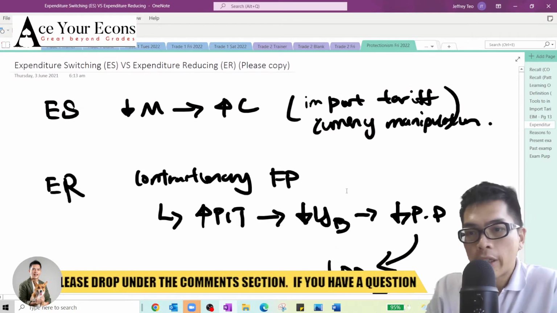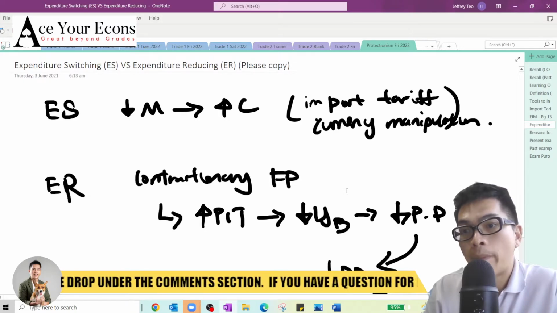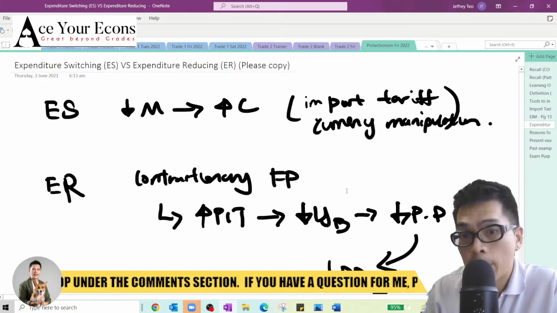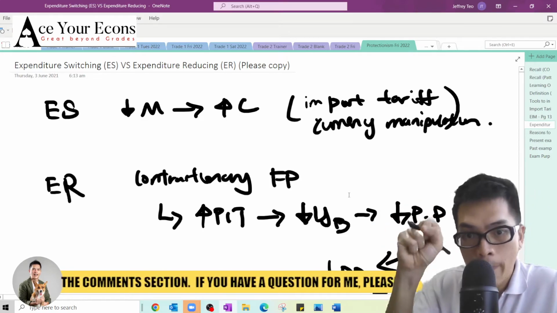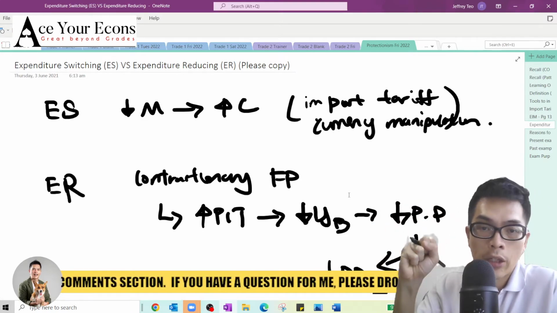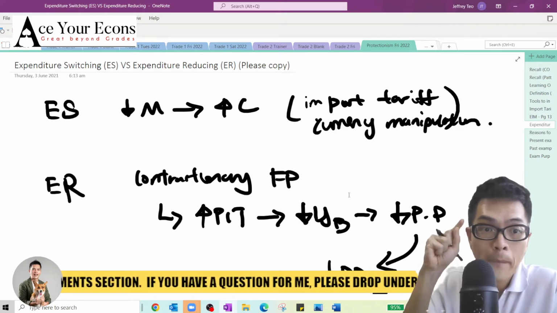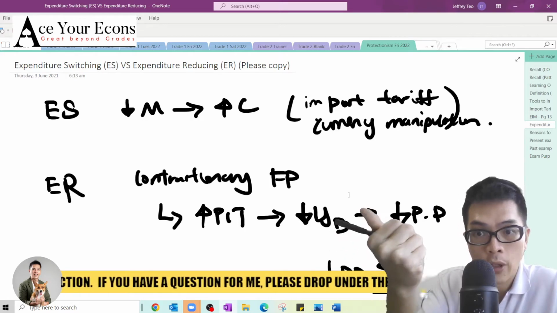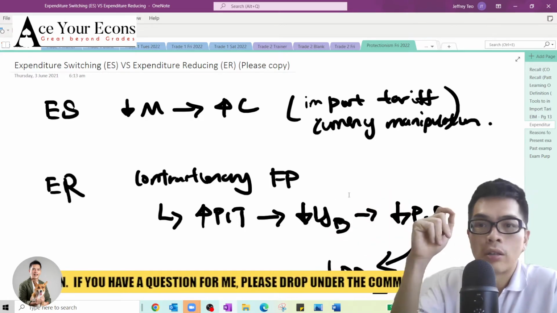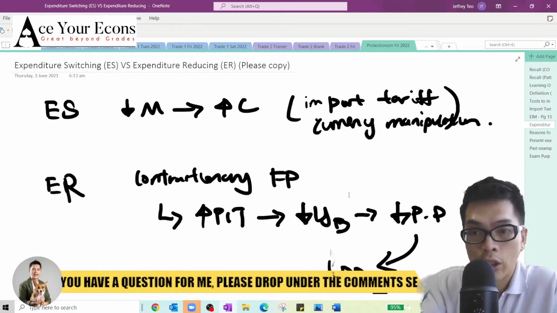So primarily, when we talk about balance of payment or balance of trade deficit, let me repeat. If the question is specific about balance of trade deficit, they're asking you to propose policies. Make sure you're able to use either expenditure switching, which is a form of import tariff, or you can propose currency depreciation or devaluation.